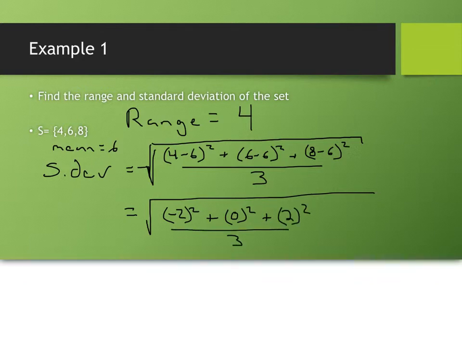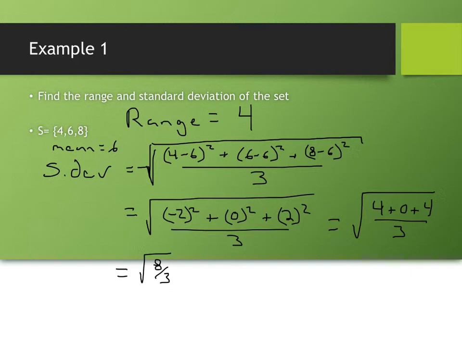Divide that by 3. So what you get is the square root of 4 plus 0 plus 4 over 3. So the square root of 8 over 3 is the actual answer. Okay?